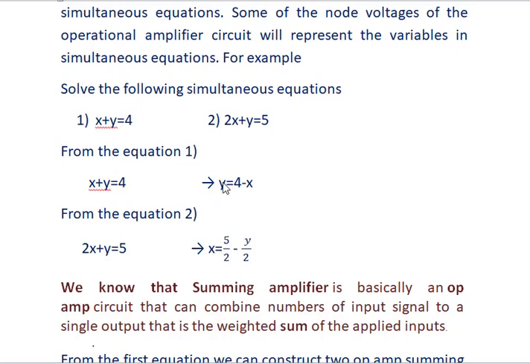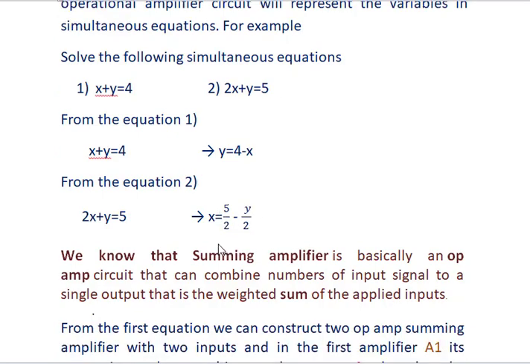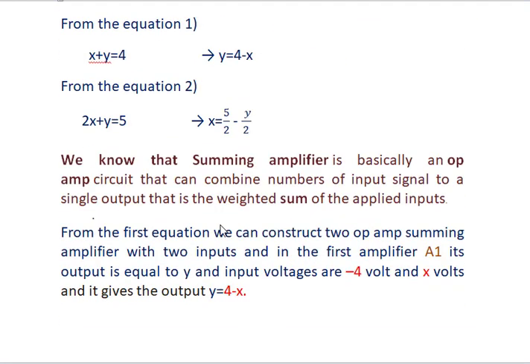So we got two equations here: y equal to 4 minus x, and x equal to 5 by 2 minus y by 2. We know that the summing amplifier is the basic operational amplifier circuit which adds a number of input signals and gives the sum in the output.